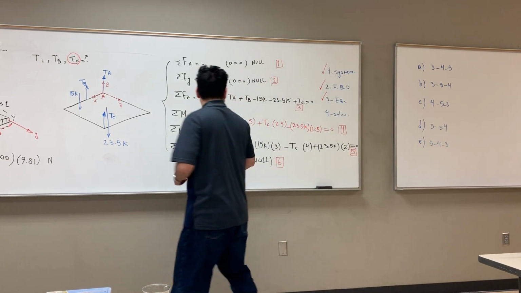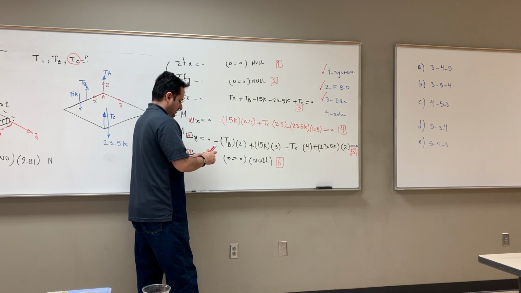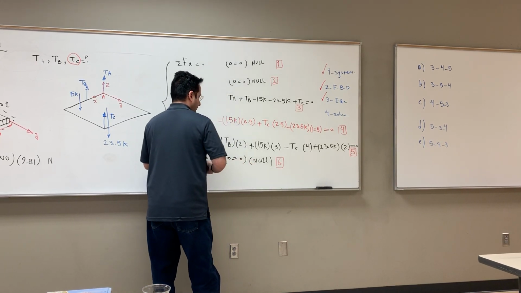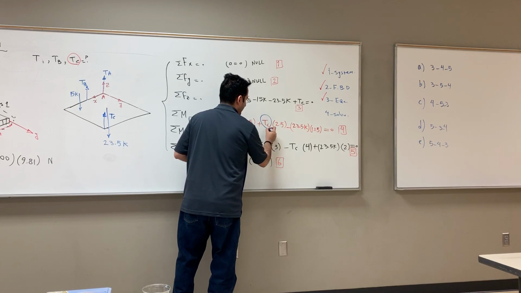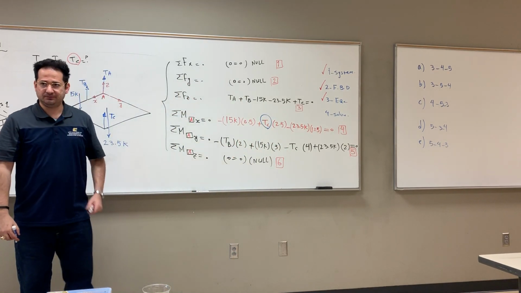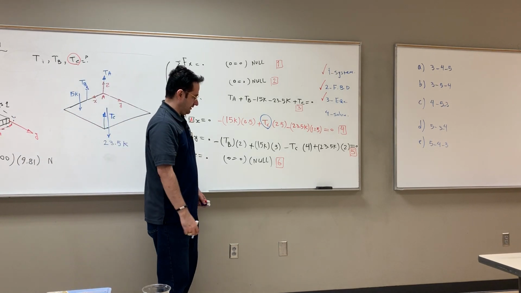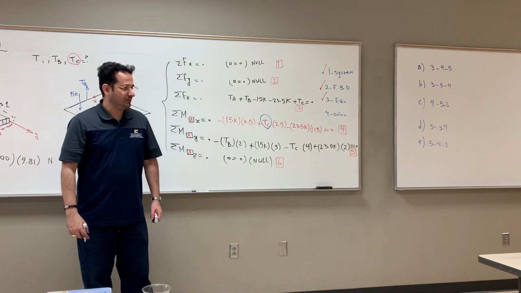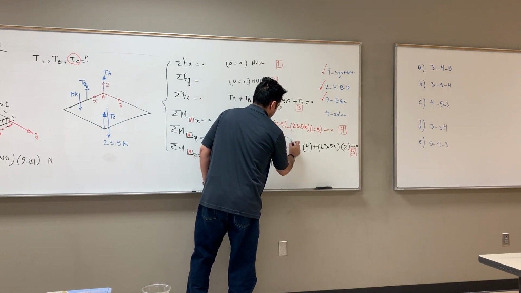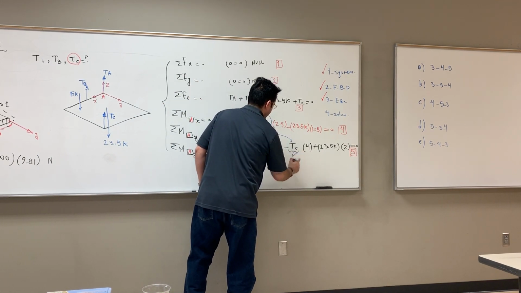Now let's do it. If you solve 4, what you get is, let's use blue, you get this, right? You get TC. And then what is the next step? 5, right? Then you put it here. So we already have this, right?